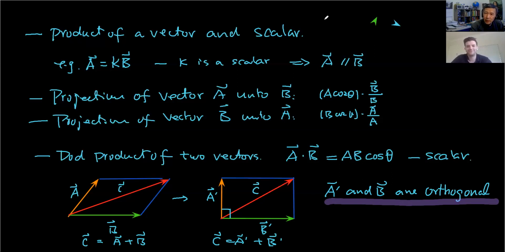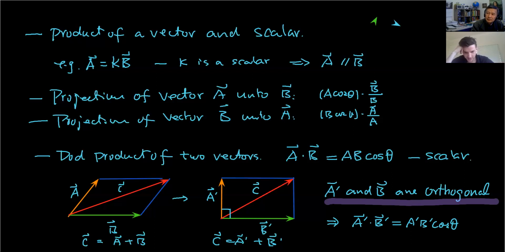What would be the case in this situation? What is the dot product of A and B? It'll be A B cos theta. What is theta in this case?